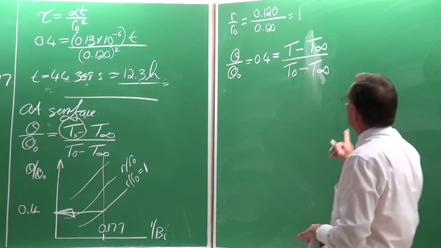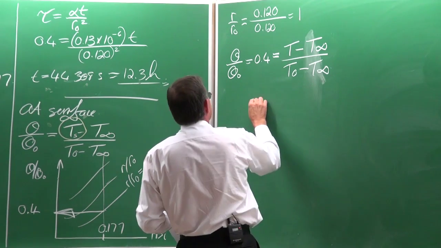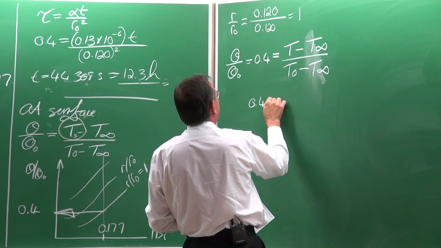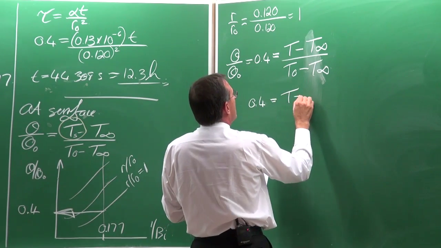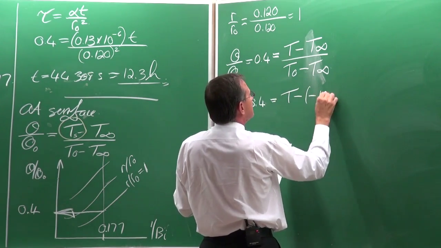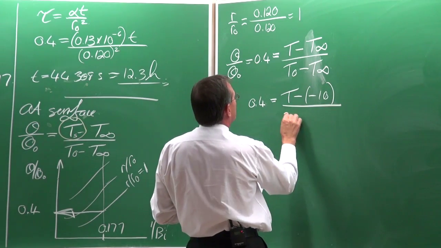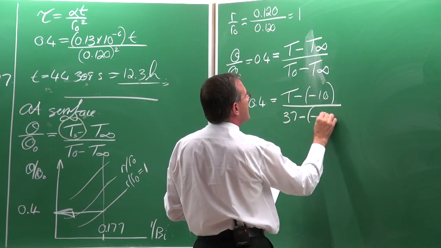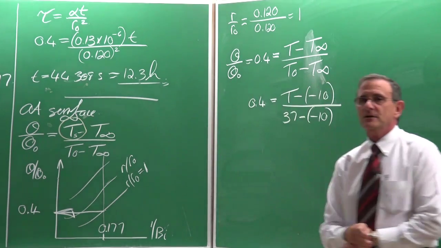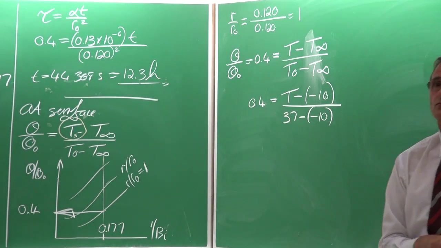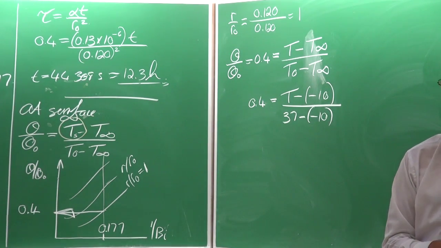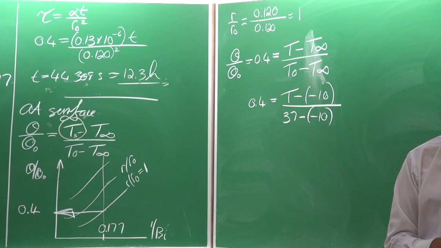So let's do the substitution. It is equal to 0.4 equals T minus 10 divided by 37 minus 10. You agree? You all agree? Happy?